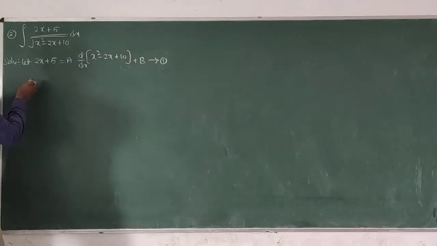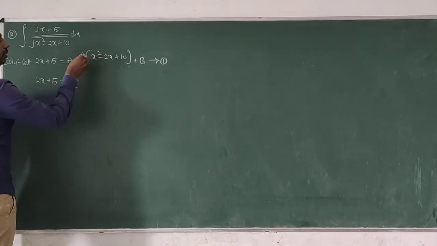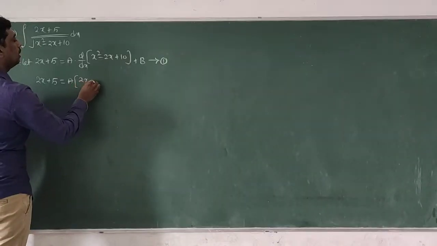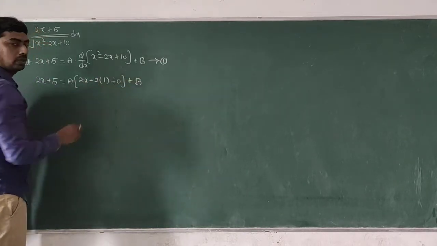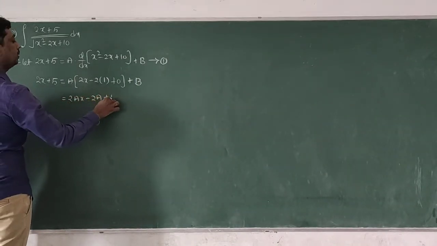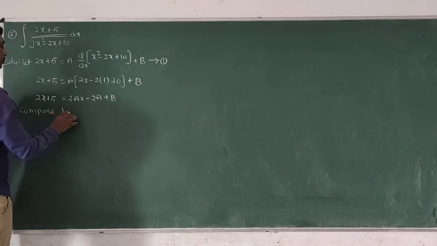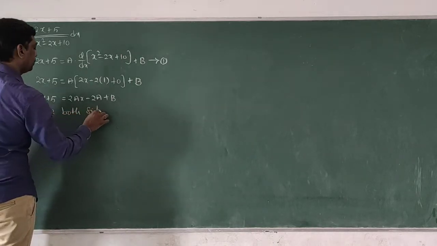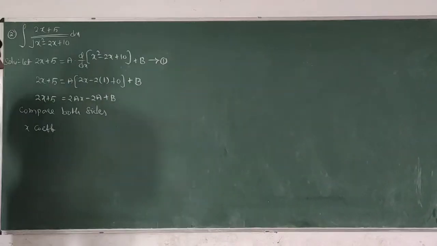After that, simplify this one. 2x plus 5 equal to a into derivative of x square is 2x, minus 2 into derivative of x is 1, constant derivative 0, plus b. Okay. Now 2ax minus 2a plus b equals 2x plus 5. Compare both sides. What do we compare first? x coefficients. Compare the x coefficient. Here the x coefficient is 2, here the x coefficient is 2a.